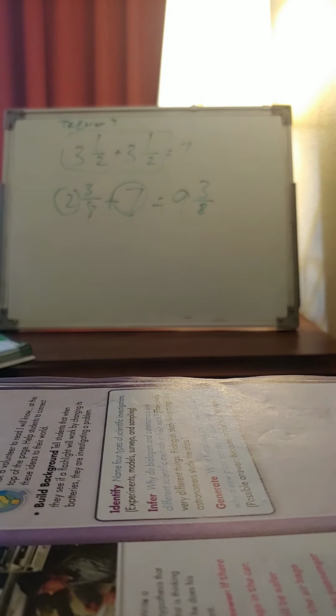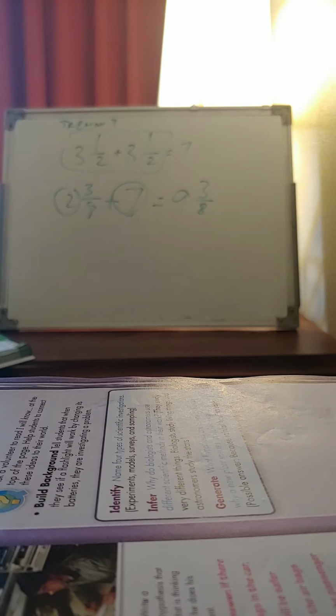So if you look at 21, your answer should be 9 and 3/8, and I should see something like this. Depending on the person, your brain might work differently. You could have set it up as a whole overall problem, or you can set it up like two separate problems. Bottom line is you get to 9 and 3/8, and you're adding the correct numbers.